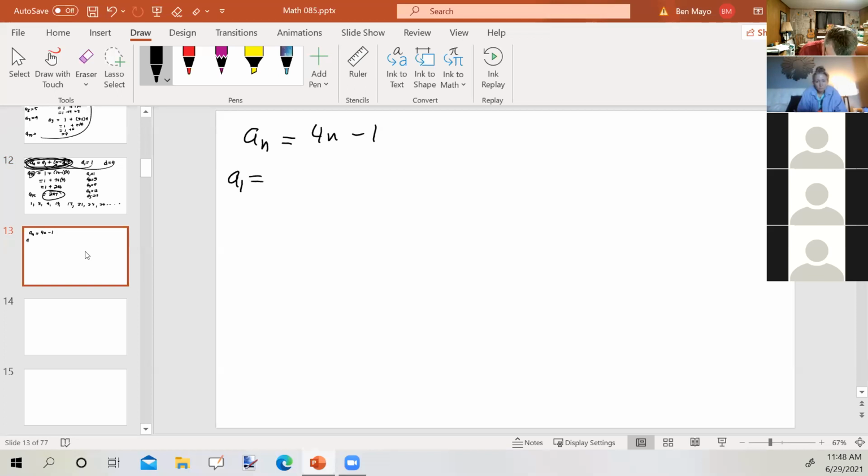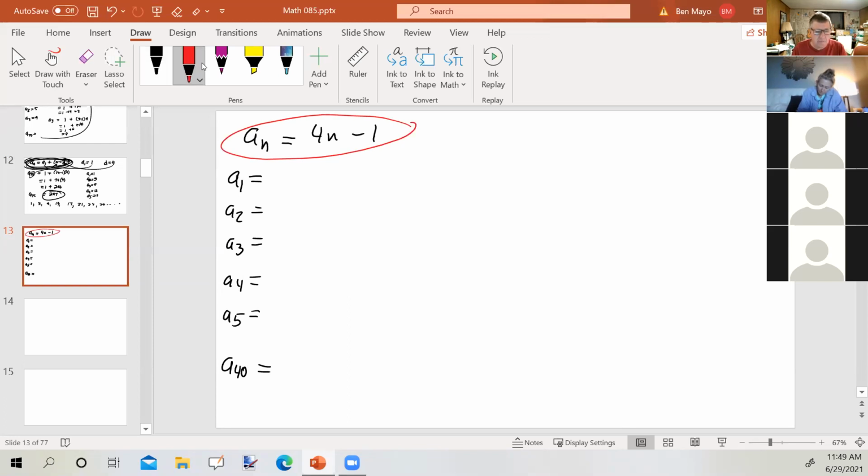So we want to find a sub 1, a sub 2, a sub 3, a sub 4, and a sub 5. And then find the specified term, which in this case is a sub 40. So using this formula, we're going to find the first 5 terms and the 40th term in this particular sequence.